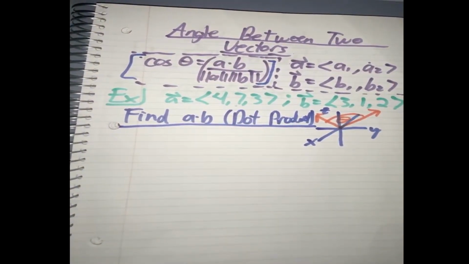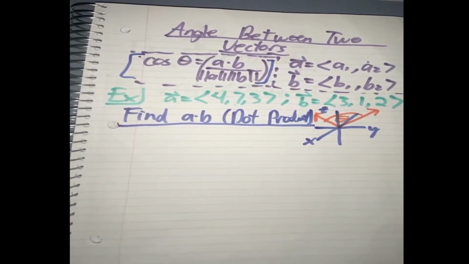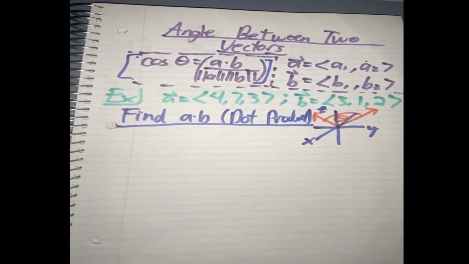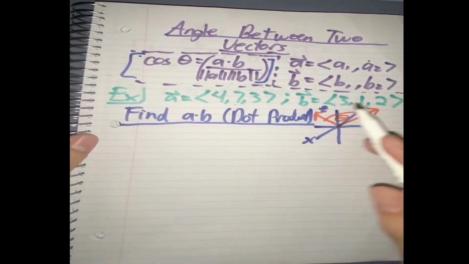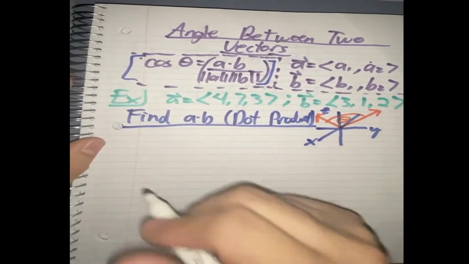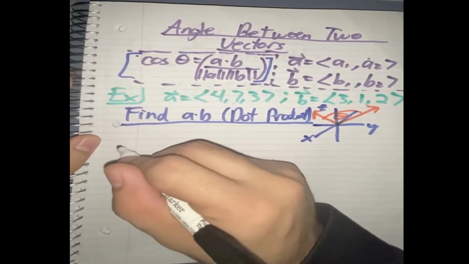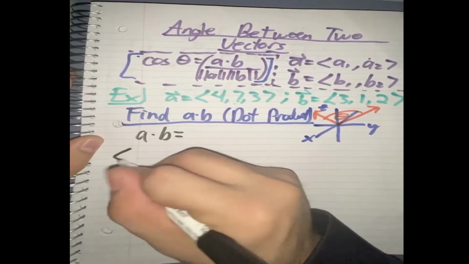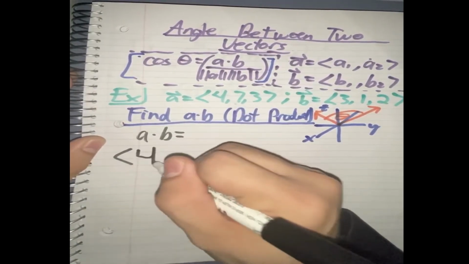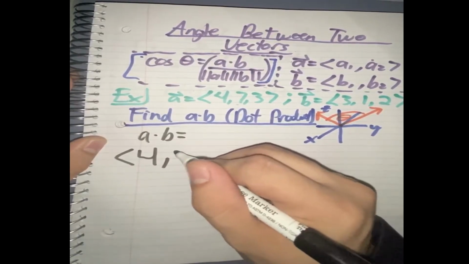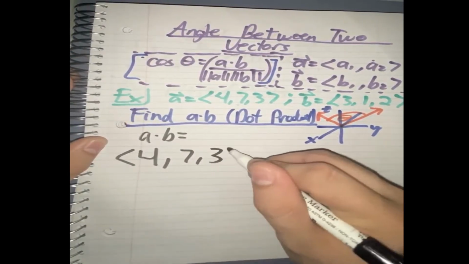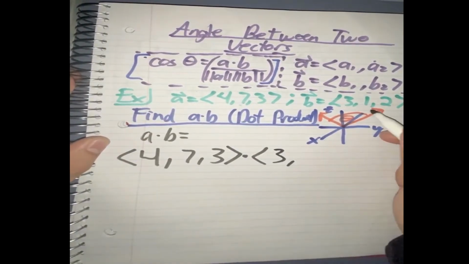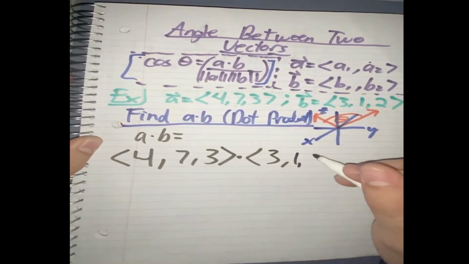So how do we find dot product? If you don't know how to find dot product, I have a video on that, but it's very easy. Basically, we're just going to take the components of each, multiply them by each other, and add them together. So A dot B is equal to 4, 7, 3, dotted with 3, 1, 2.